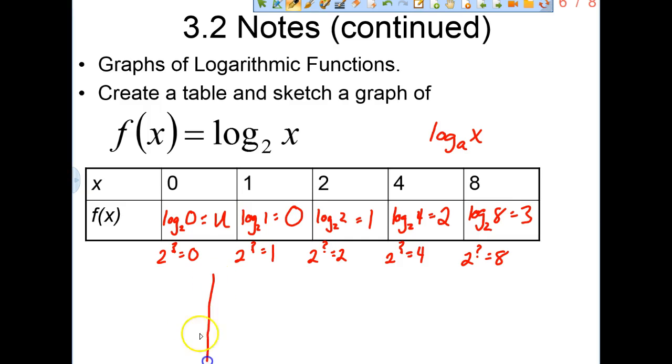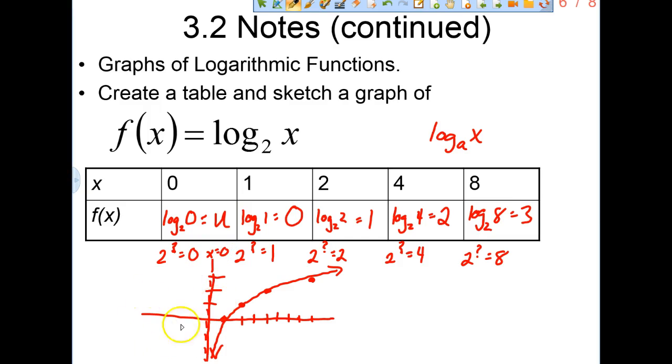So let's plot some of those points. Now, I'm drawing the rest of it in, but it would go down towards a vertical asymptote here. So there's a vertical asymptote at x equals 0.